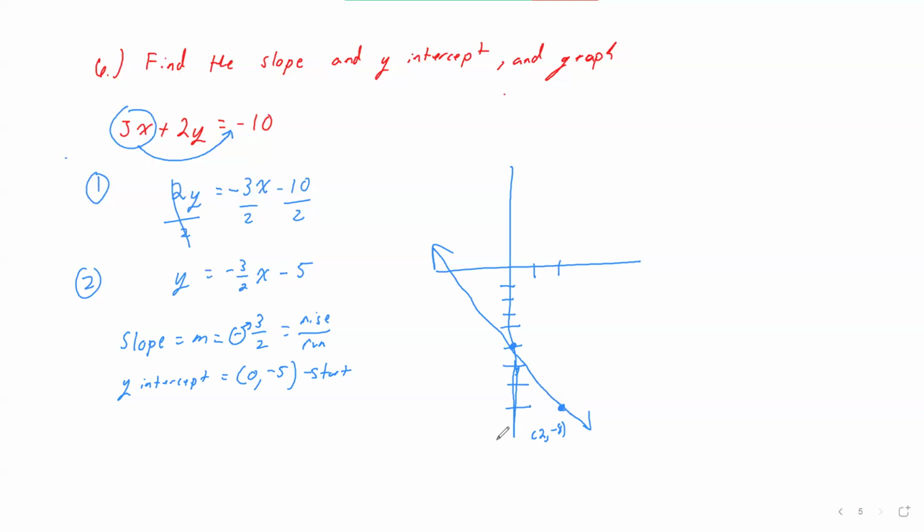But yeah, there's one more type of question, and then this will pretty much be it for 10.3. So in question 7, they want you to find the equation given 0, negative 3 and a slope of 2/3.